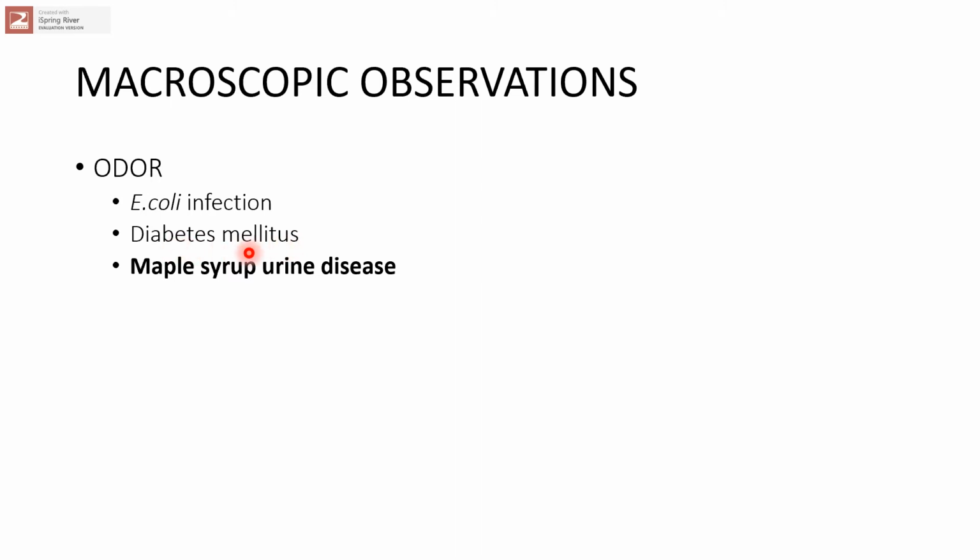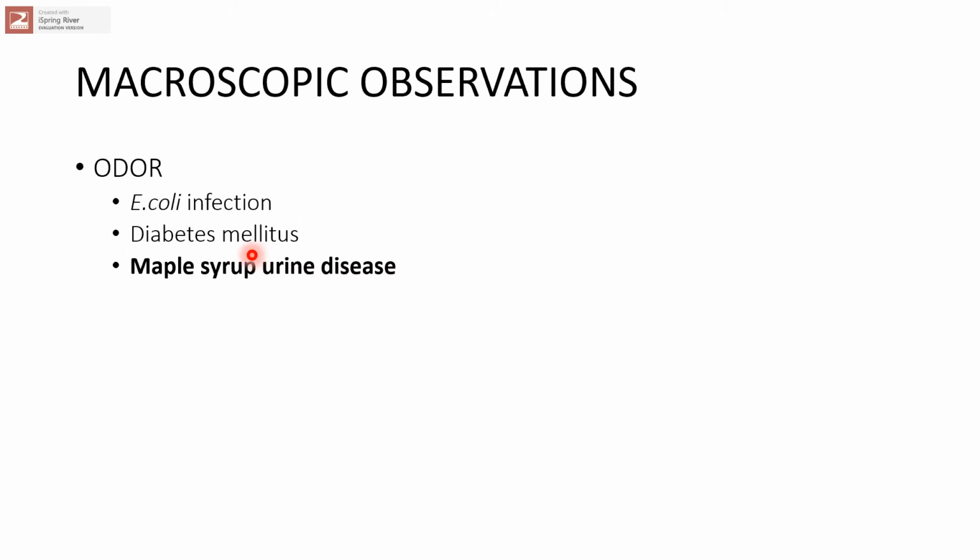Urine smells really, really sweet due to the presence of glucose in the urine. Back in the day when they didn't have urinalysis, they used to smell the urine to check for diabetes, and they also used to taste urine to check for the presence of sugars.